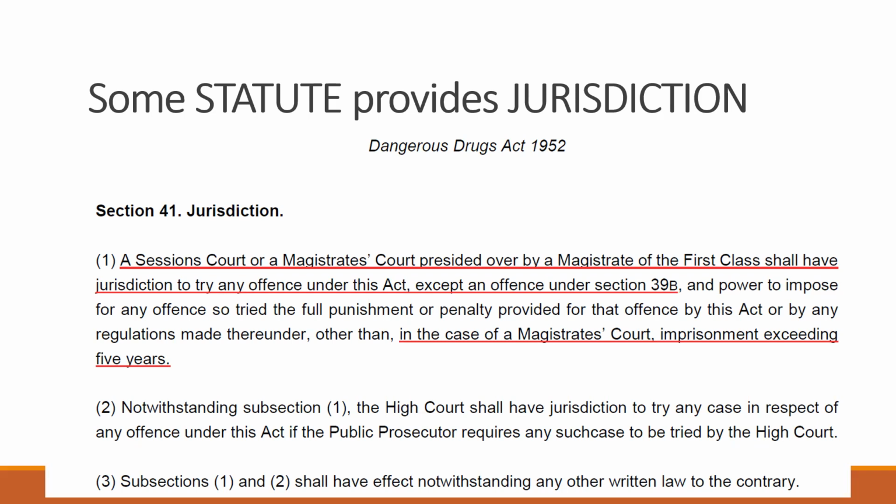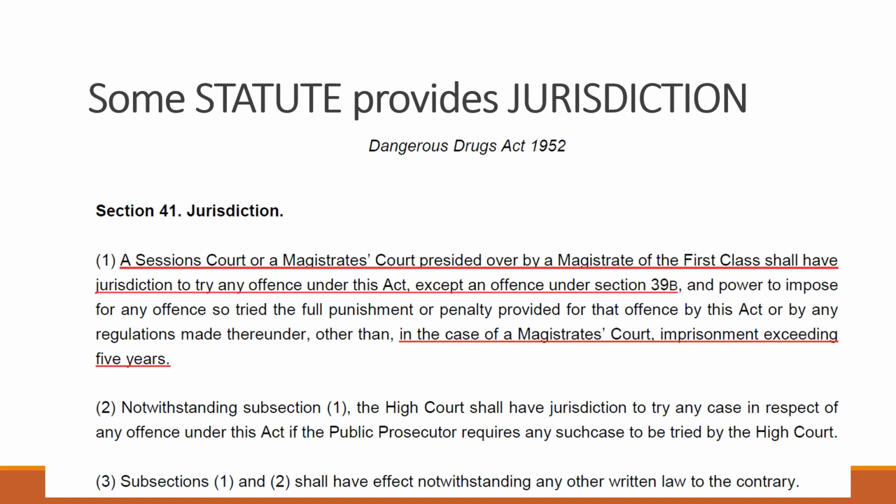CPC, CJA, all that is just general statute that provides general jurisdiction. But if the accused is brought to the mahkamah for a specific offence, for example the drug offence, the right statute or the right section that you must rely on will be Section 41 DDA.